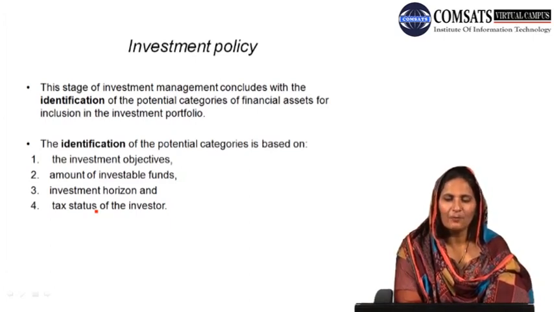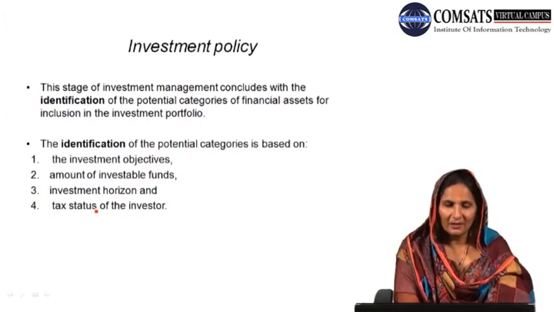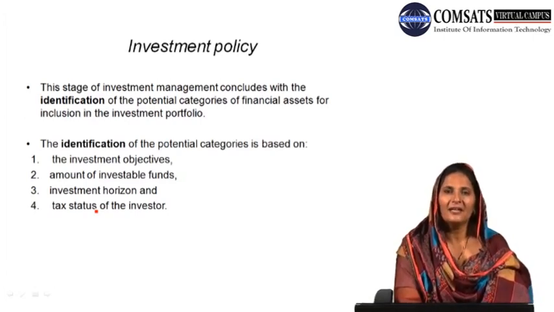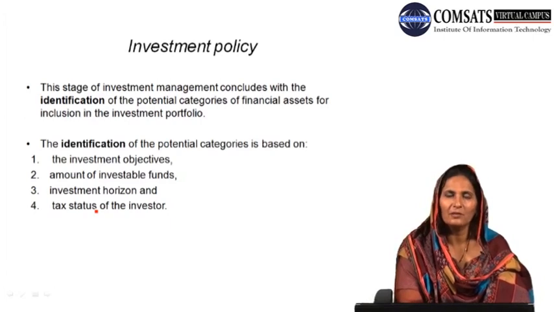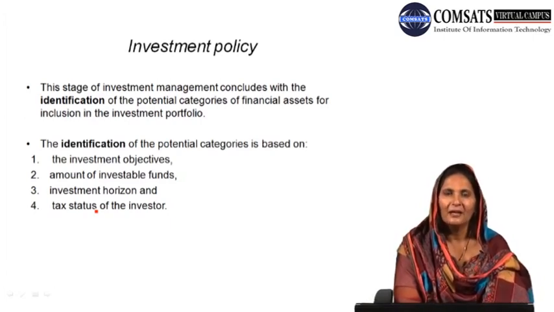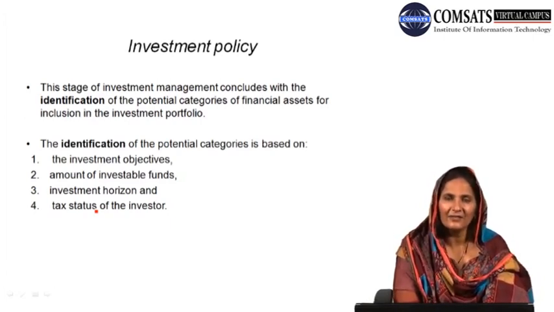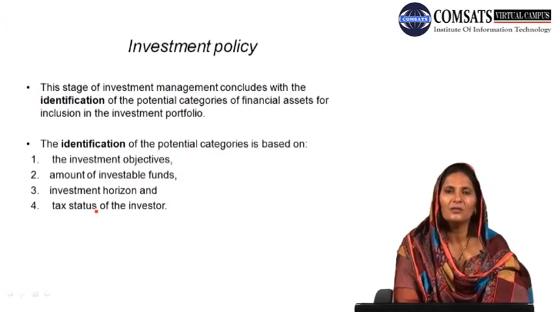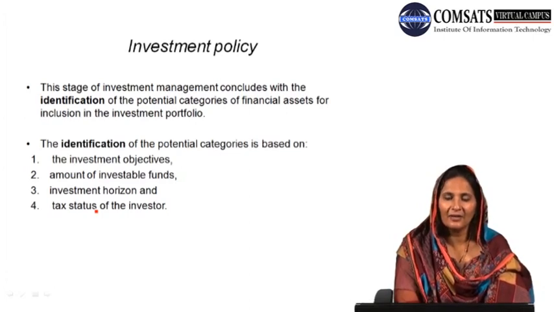The identification of potential categories is based on different points. That is, when he is going to identify the tools, the instruments and different entities which he is going to include and purchase for his portfolio holdings, he must take into account a few things.